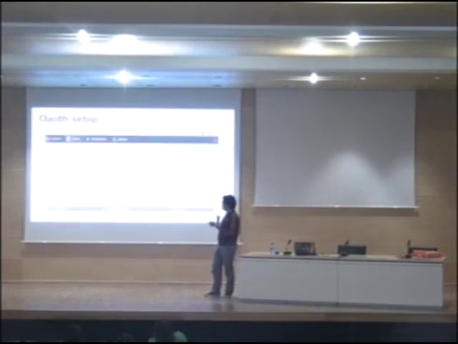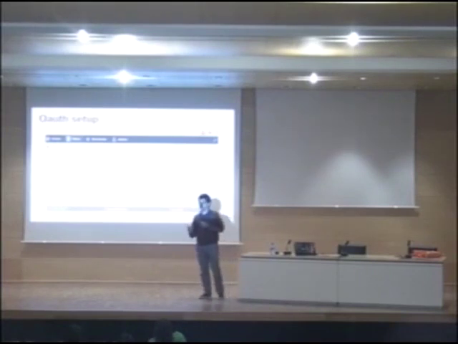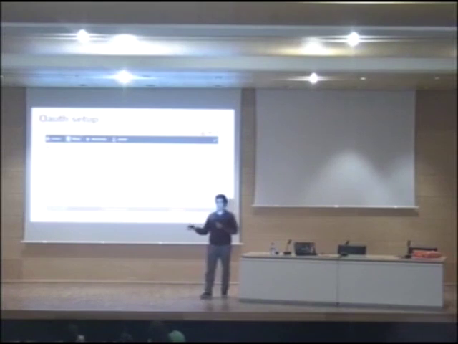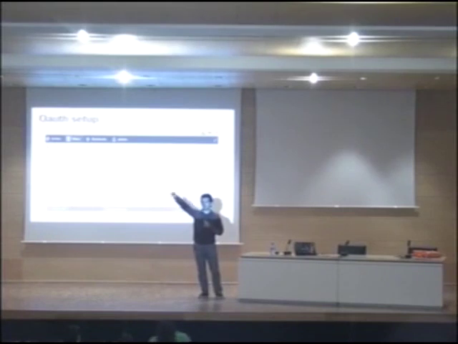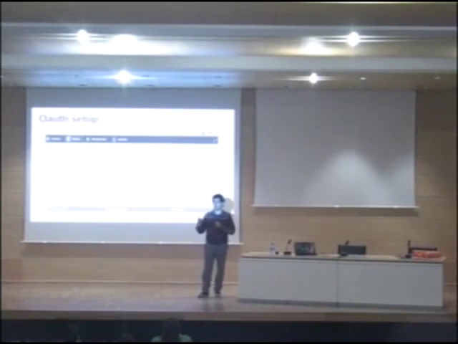This is an example of how OAuth works. OAuth has two different ways. It has two-legged authentication and three-legged authentication. Two-legged authentication is, for example, when you have an API and you want some other company to access your API, but you want to be able to know when they are making those requests. So you would go here, create a Drupal user, and enable the OAuth module, and then you get this interface.